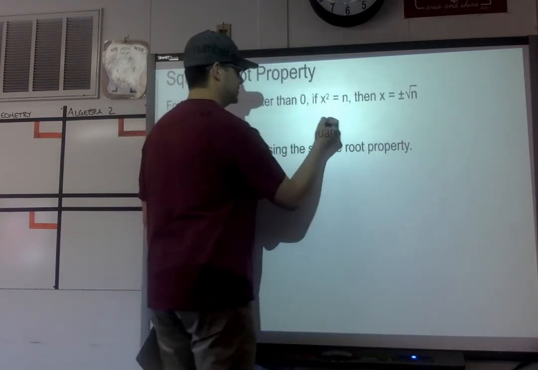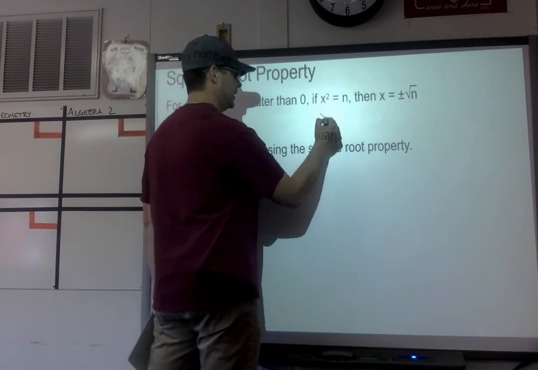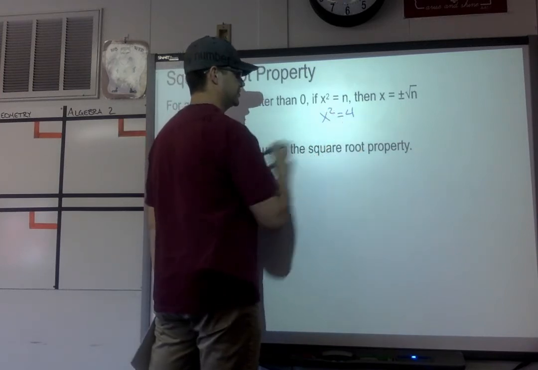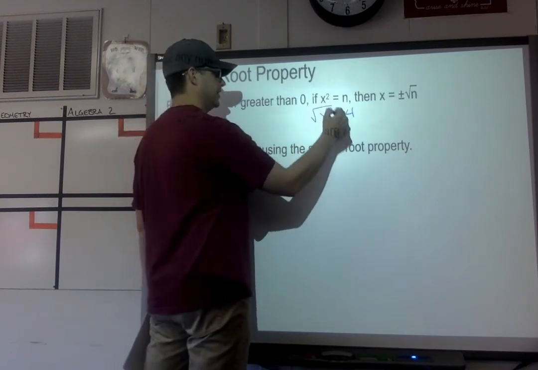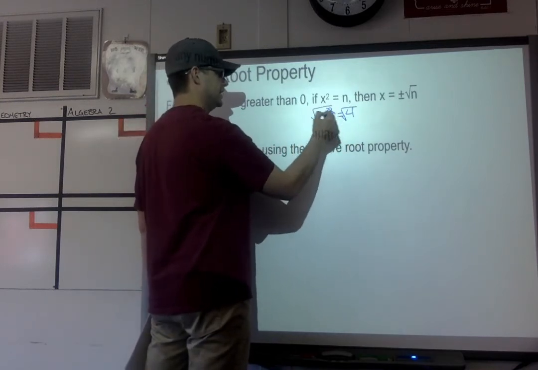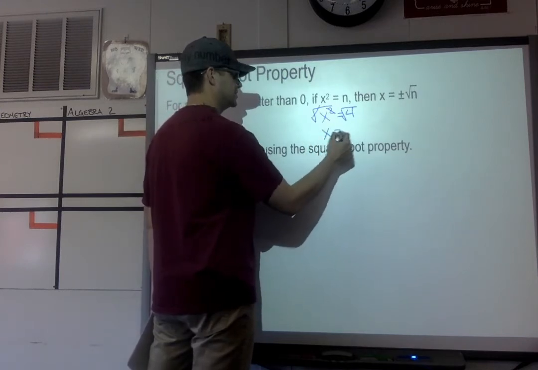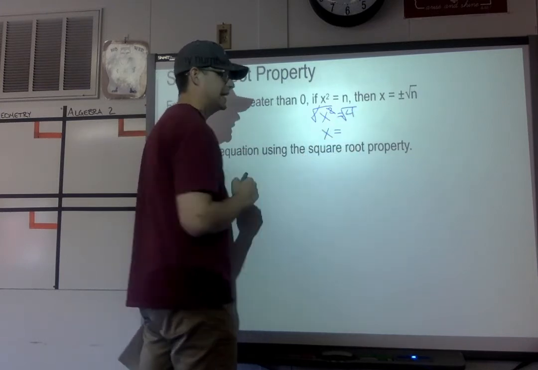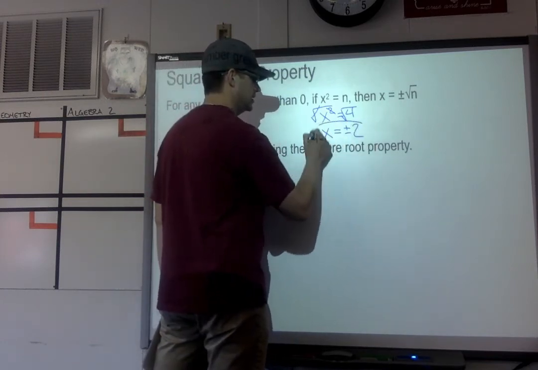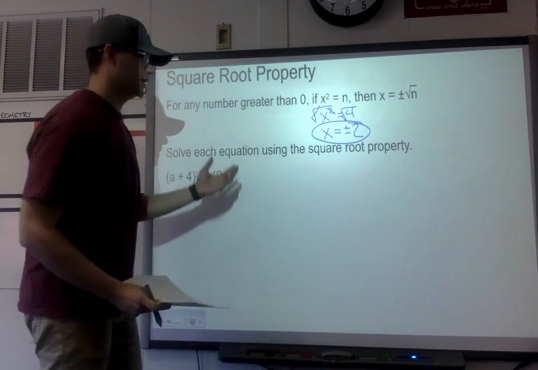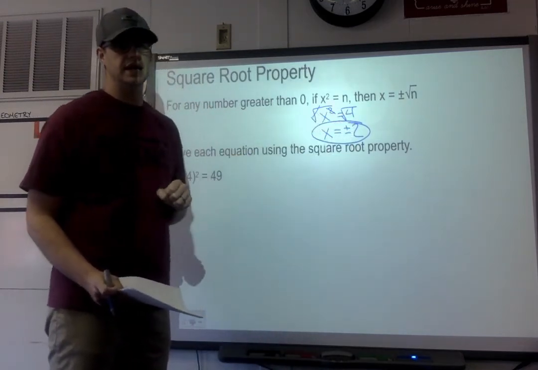So what that means is if I have x squared equals 4, using the square root property, if I take the square root of both sides to get rid of my squared there, then x has to be equal to plus or minus the square root of 4, which would be plus or minus 2, which means that the solution could be positive 2 or negative 2.